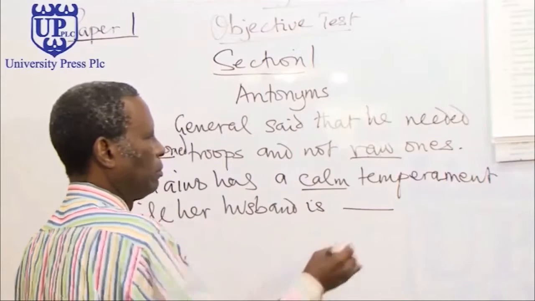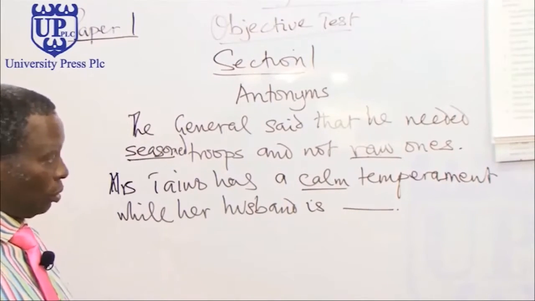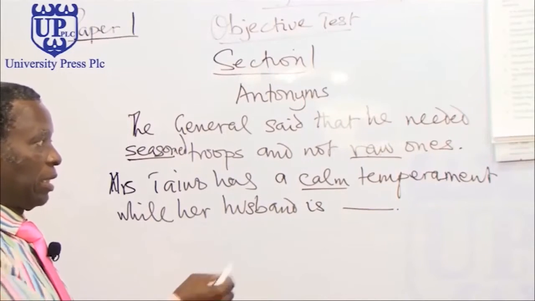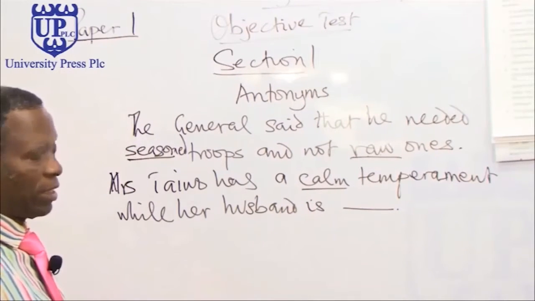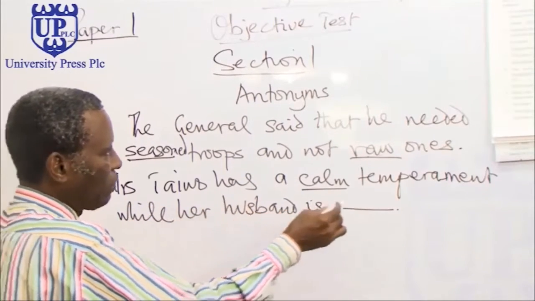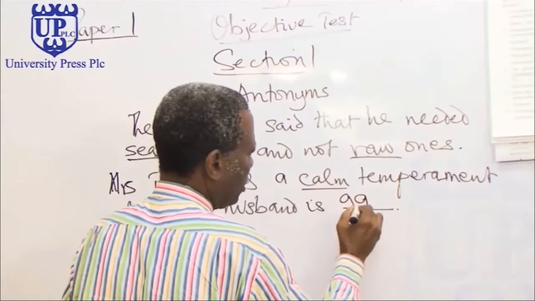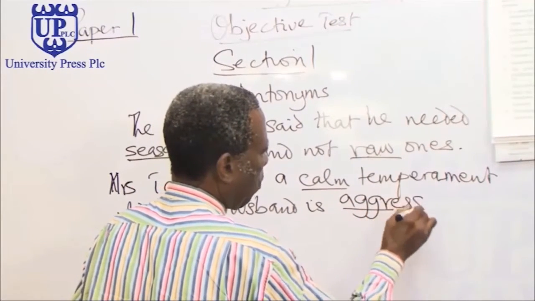Now calm in this context, what does it mean? It means very cool. But calm may mean some other thing in another context. Well, you can say Mrs. Taiwo has a calm temperament here, while her husband is aggressive. Aggressive may be the opposite here.